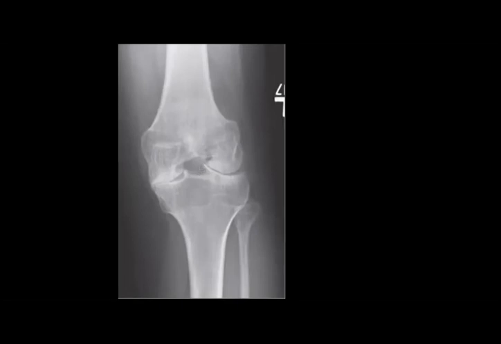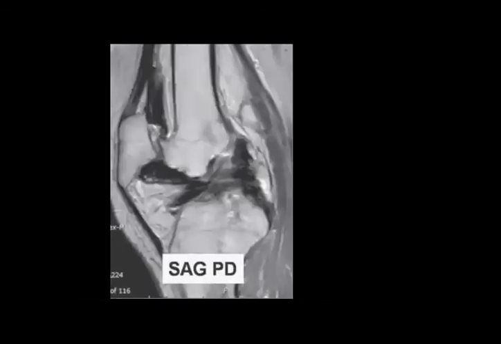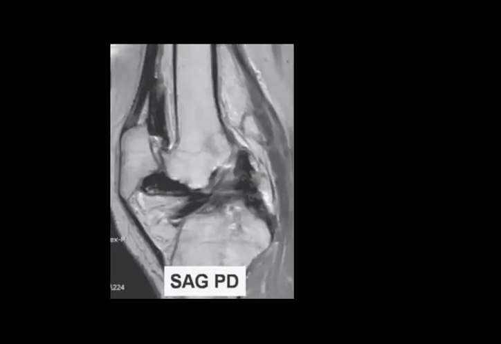They mention also that maybe there is squaring of the infrapatellar margin. Let's have a look at this appearance. You can see sometimes in the MRI a squaring of the inferior patellar margin. They like to differentiate between juvenile rheumatoid arthritis and hemophilia.